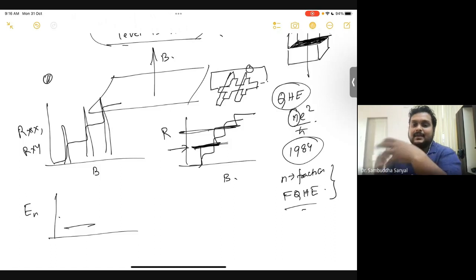It is because when you make the magnetic field too strong, then what happens? Usually the electrons have some kinetic energy and the potential energy. The potential energy is the Coulomb interaction. Now what happens when you make the magnetic field too strong? What happens to an electron in a magnetic field? It traverses in a loop, right, around the magnetic field. The loop radius starts shrinking, becoming very, very small.